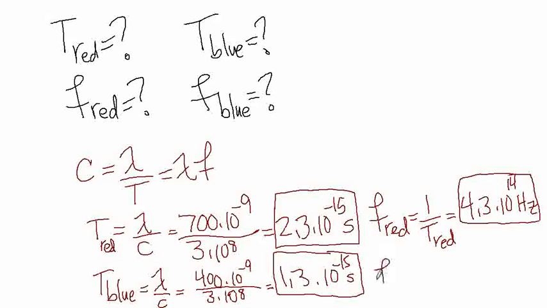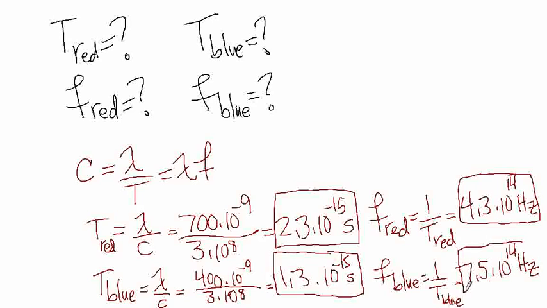And then finally for blue, the inverse of the period for blue light, and that's equal to 7.5 times 10 to the 14 hertz. Okay, and I hope that that's what you got.